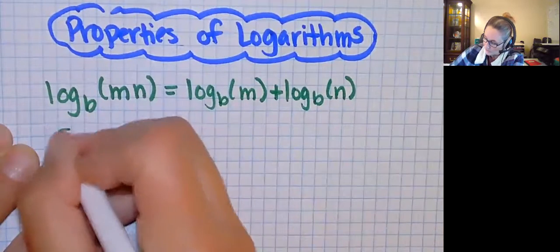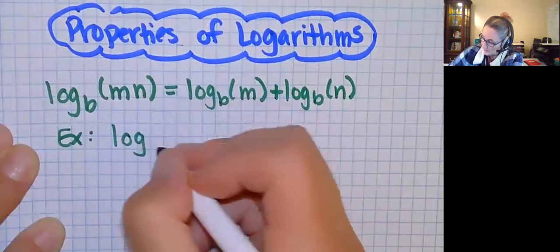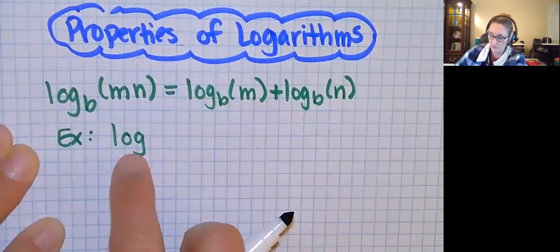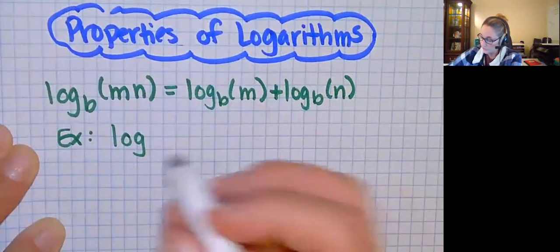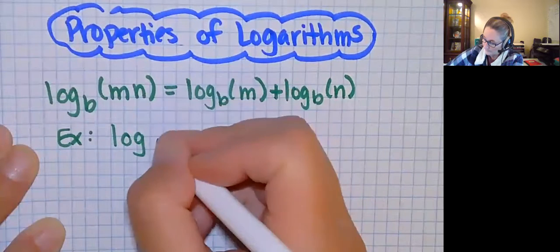So an example, let's say I have log, I'm just going to do common log. If I don't write a base, that means it's base 10, and that's considered a common log. So let's say I have log of 24.